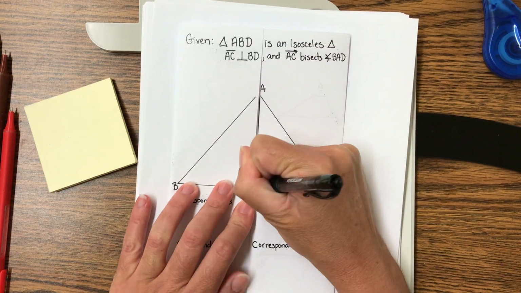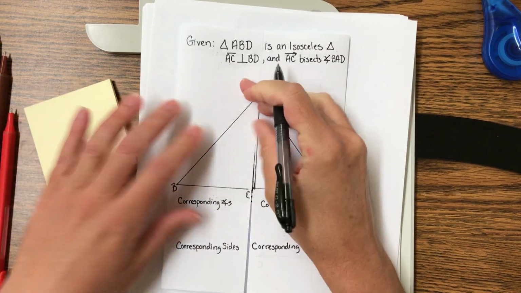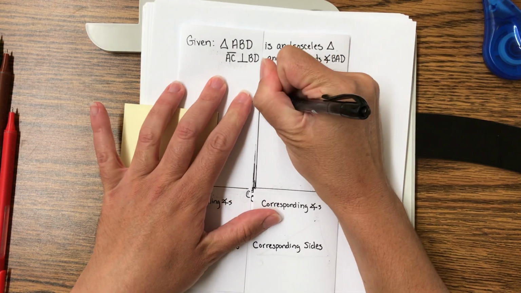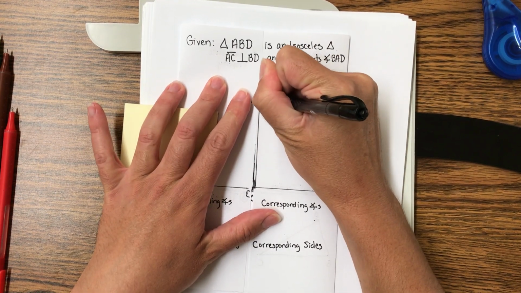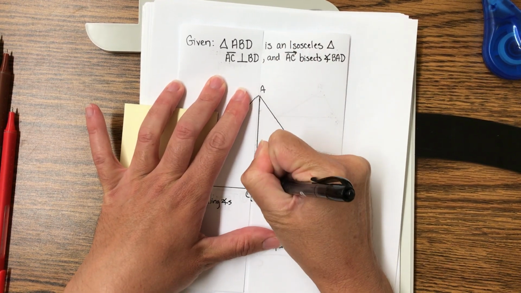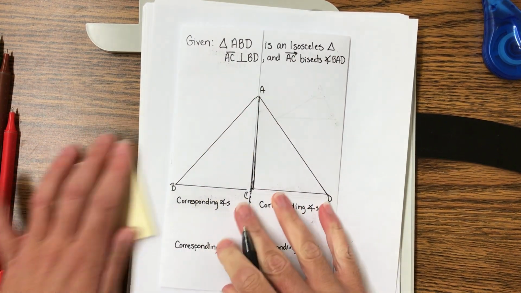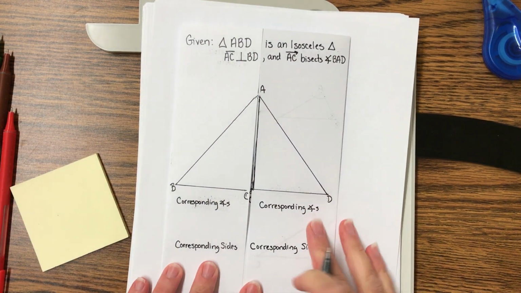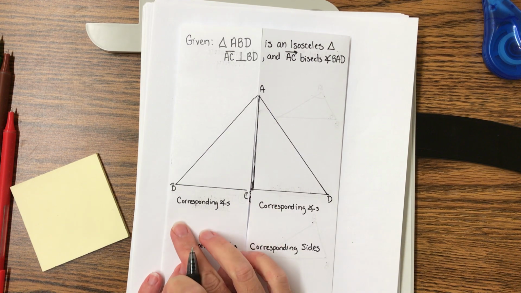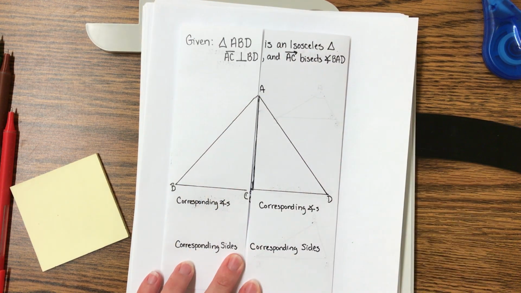And it is still hard to see, but when my papers are completely shut, you can see it. So AC is perpendicular to BD. And then AC also bisects angle BAD.